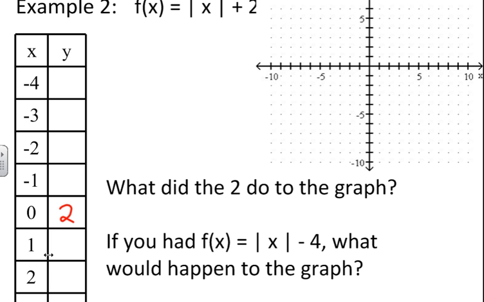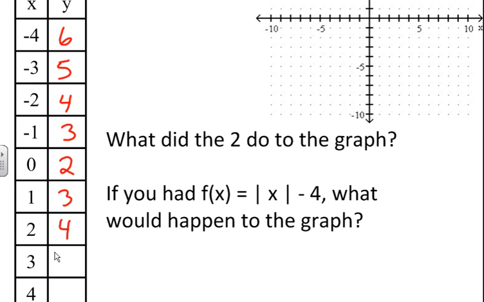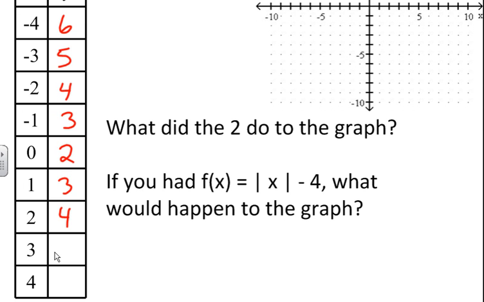When I put negative 1 in, I get 3, 4, 5, and 6. So all I'm doing is adding 2 to the absolute value of that number. Then we go the other way. 1 is 3, 2 is 4, 3 is 5, and 4 is 6.